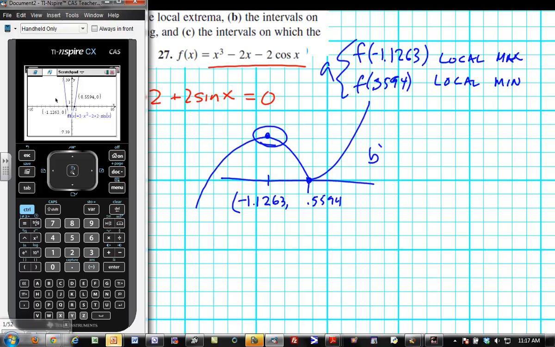Our part B, I'm going to be probably a little bit more verbose than you probably did in your homework.